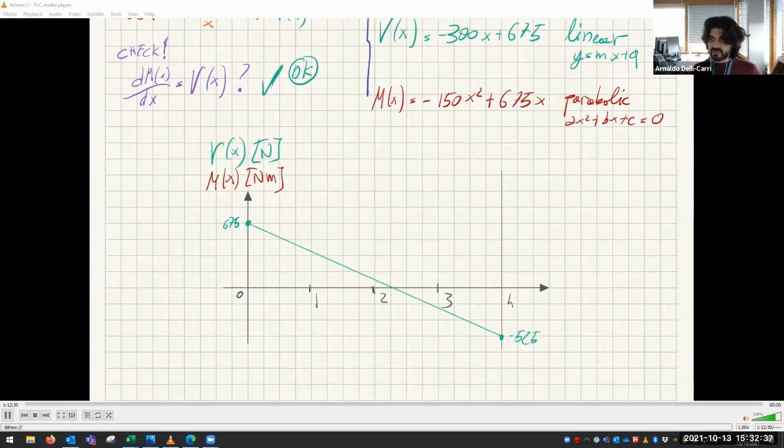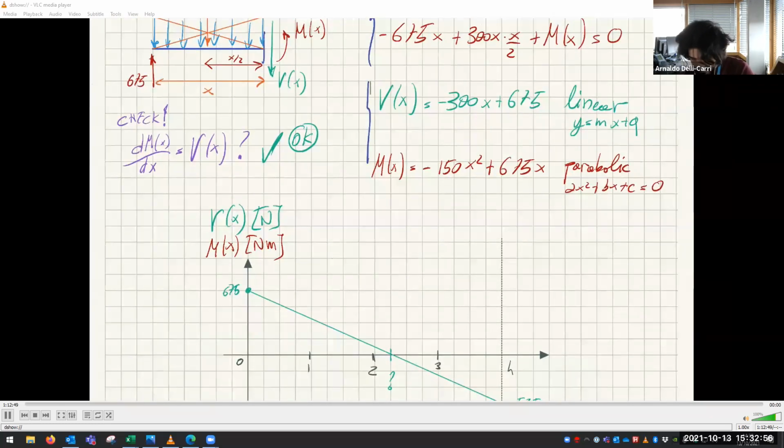Now, as you can see, this crosses 0 at a certain point. How much is this point? This is an interesting thing that we want to find. So how do we find that? Well, you take this equation and you set it equal to 0.